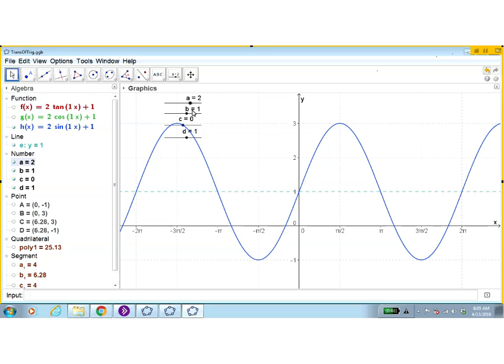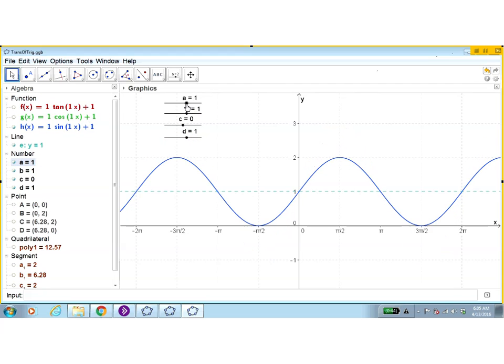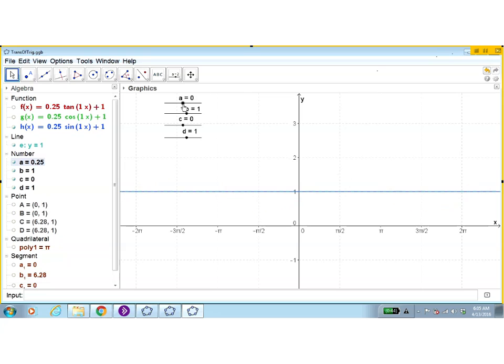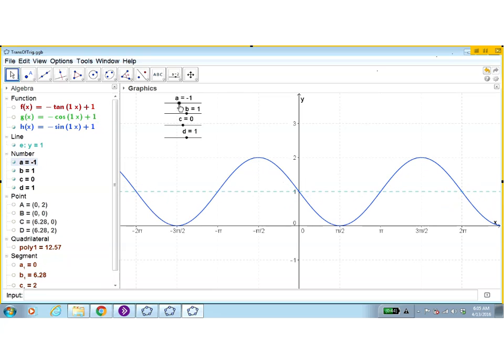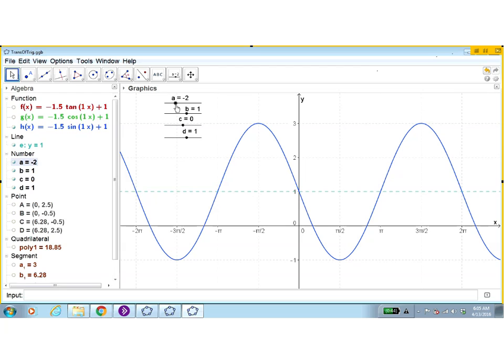All right, so here's positive 2. Let's see what happens if I go to negative 2. So back to normal size, 0, negative 2. So now we see kind of the same thing we would expect to see if you make the number in front of a quadratic negative or in front of a cubic negative.